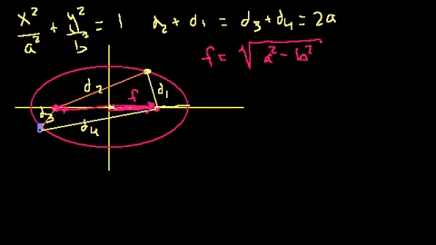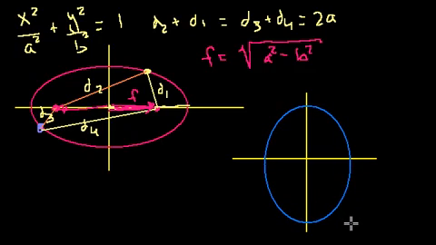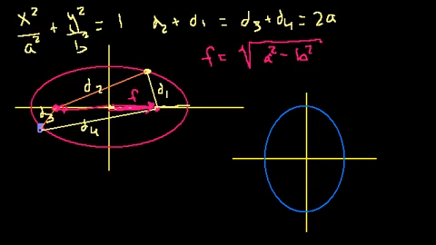If we have a vertical ellipse, and I really didn't cover it in the last video, let me just show you what it would look like. Let's say the ellipse looked like that, in blue. In this case, our semi-major radius is now in the y direction. So this is b, this is a, and in this case b is greater than a, because the ellipse is tall and skinny.